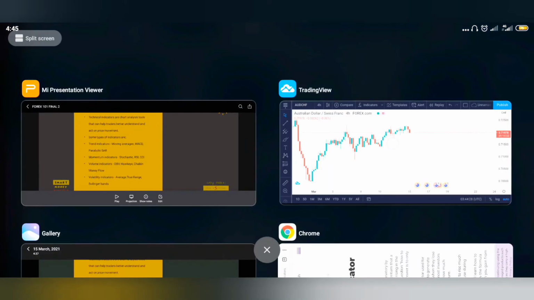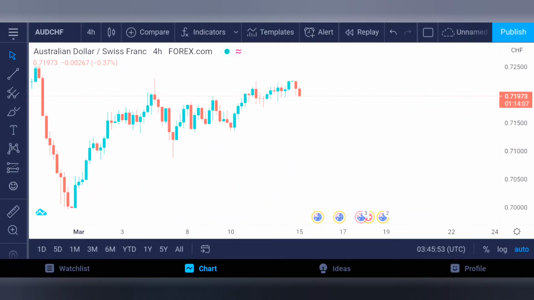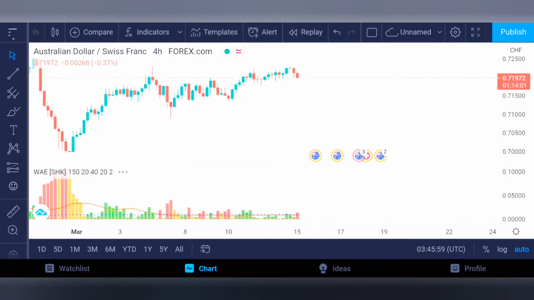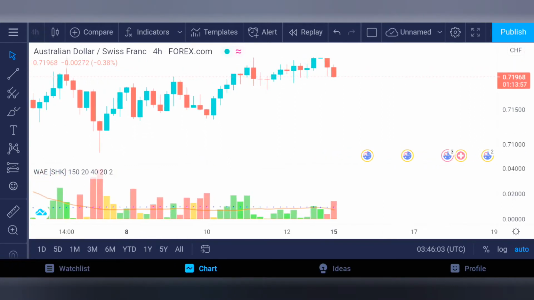So let's see an example of a volume indicator. Let me pick one from here. Okay, if you look closely down here, you'll see these red and green, some orange bars. This is typically what you'll see with volume indicators.